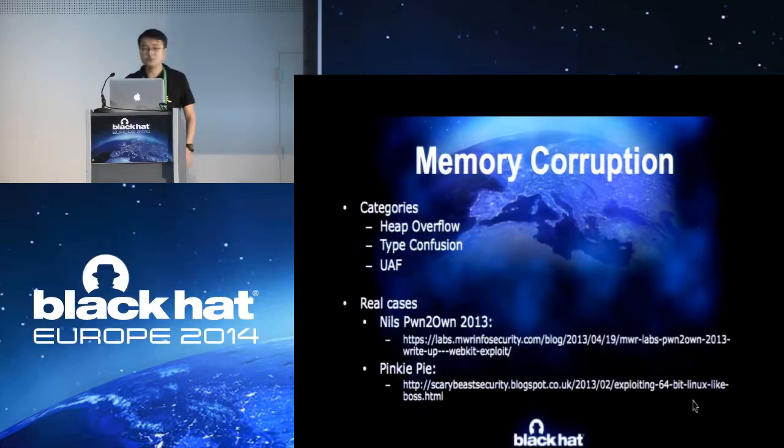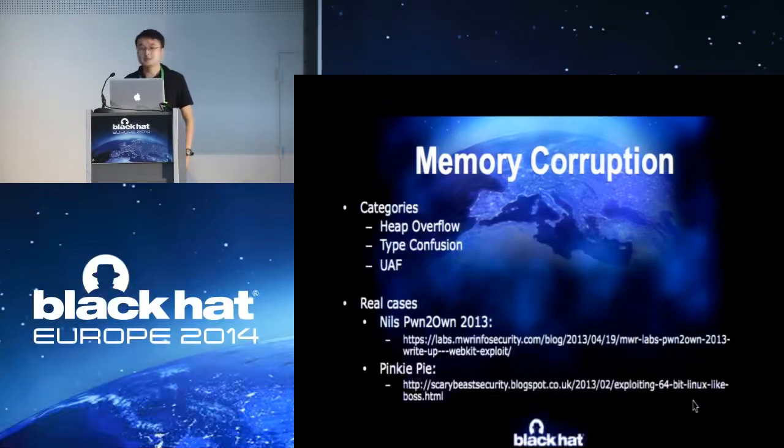Memory corruption issues have many categories, such as heap overflow, type confusion, and UAF. But you will find that in public, you can only find very few real cases of WebKit exploitation. Some of them are JSC exploitation, but WebKit exploitation is not that common.